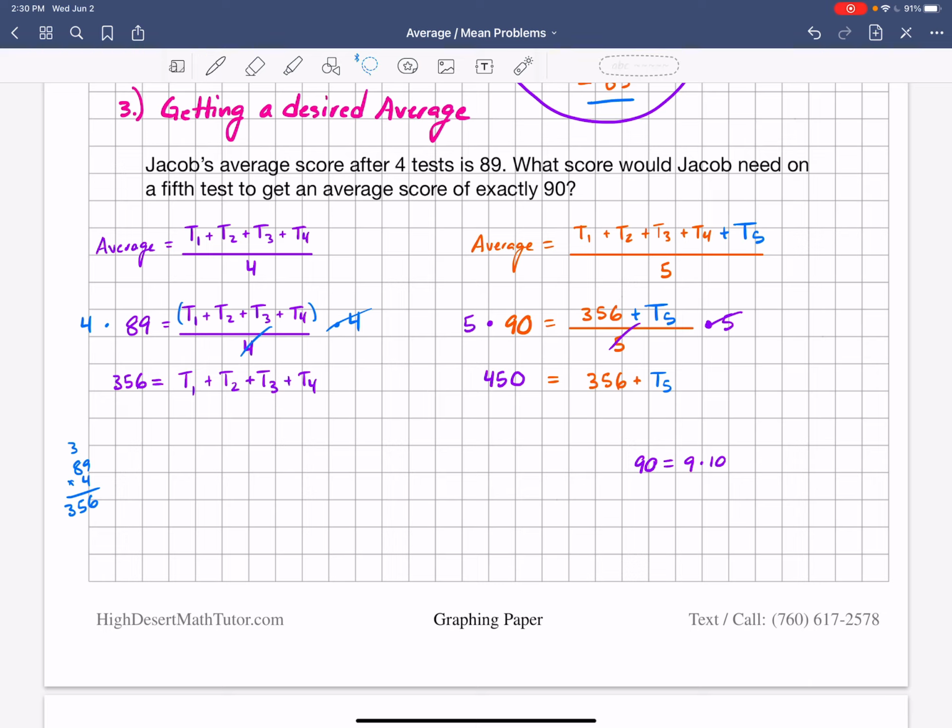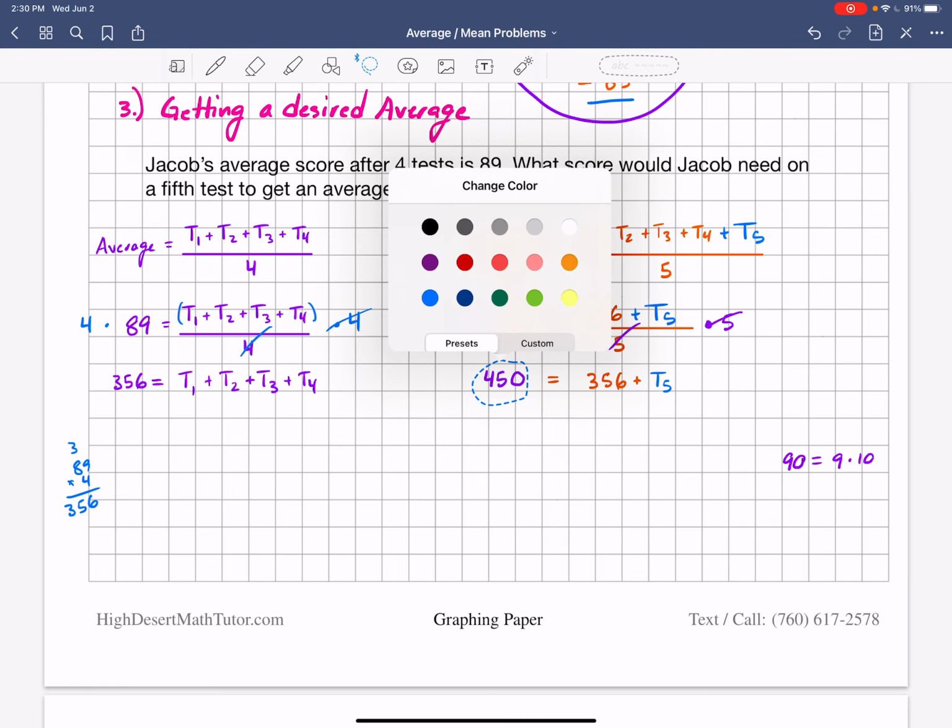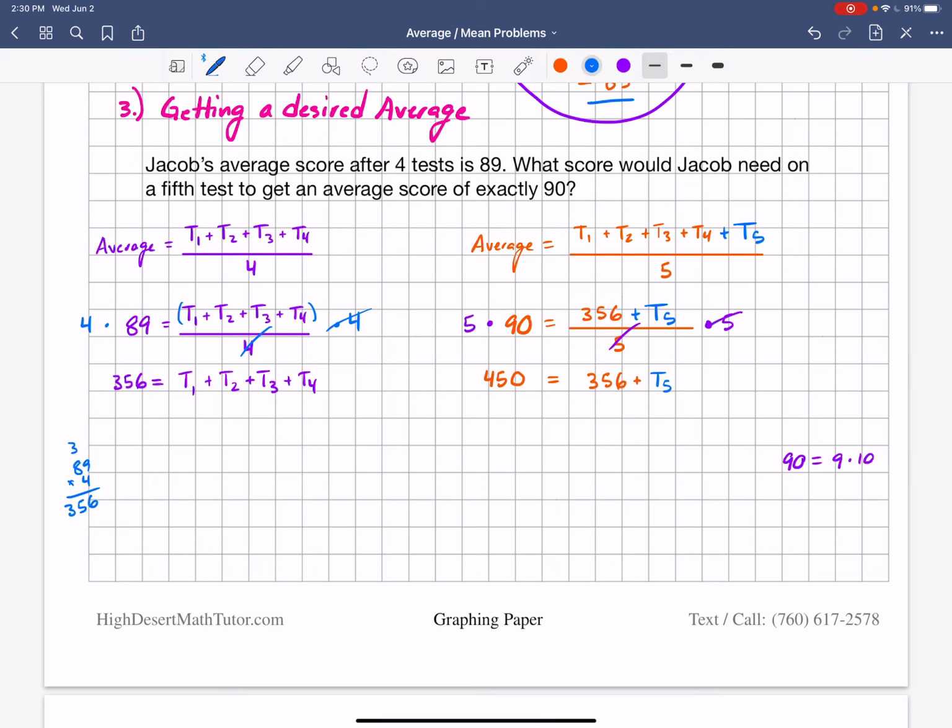All right, so we're one step away from getting our 5th test score. So the last thing we need to do to solve for this 5th test score, let's fix our colors a little bit. The last thing we need to do is cancel out this addition of 356. So the opposite of adding positive 356 is subtracting 356. But if we subtract 356 from one side of the equation, we have to subtract 356 from the other side of the equation. So that cancels out.